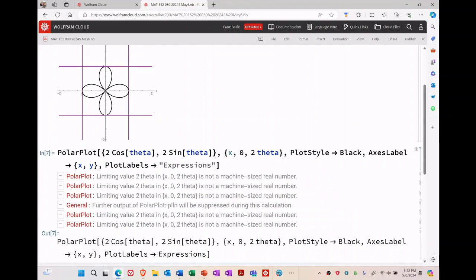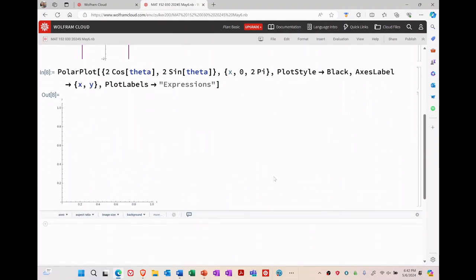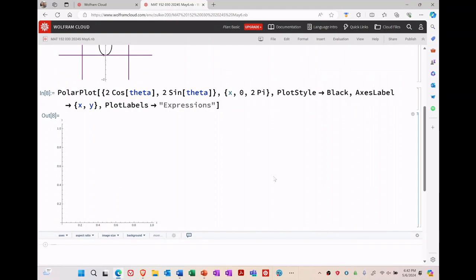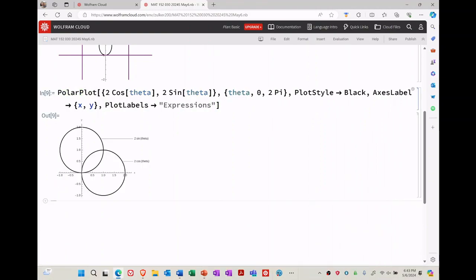Oh, 2 pi. And it's still, because, oh my goodness, that should be theta from 0 to 2 pi. I'll get this right eventually.